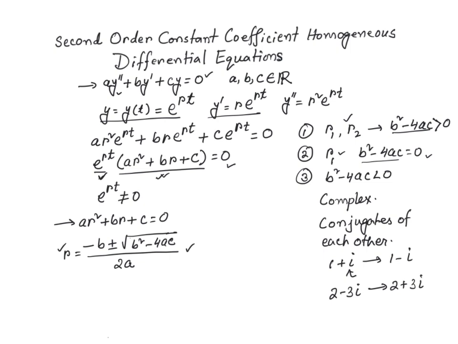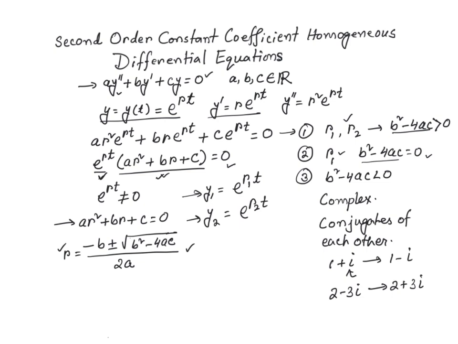All right, so that's how you'd solve this quadratic equation, but in this particular case, we are going to address only the case where we have distinct solutions. You have two distinct solutions, so y1 is equal to e to the power r1 times t, and y2 is e to the power r2 times t. These are solutions to the differential equation.